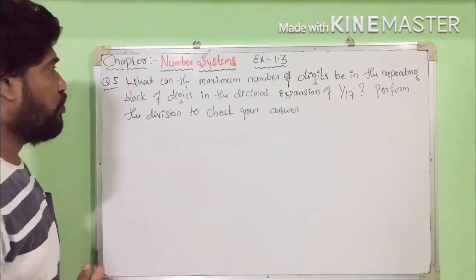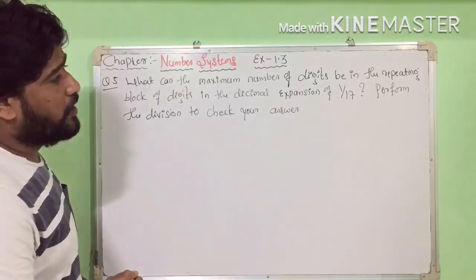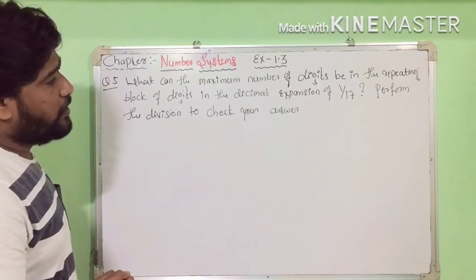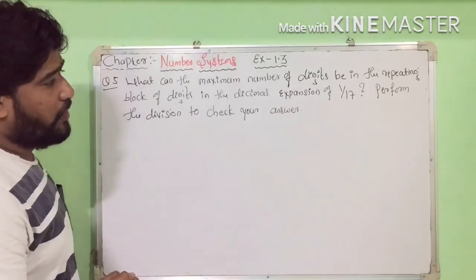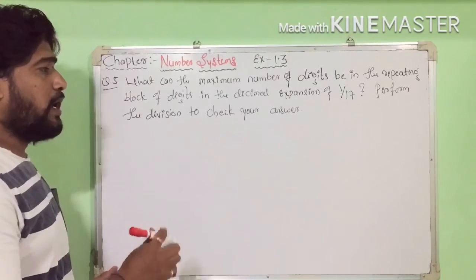Students, the fifth question is: what can be the maximum number of digits in the repeating block of digits in the decimal expression of 1 by 17? Perform the division to check your answer.